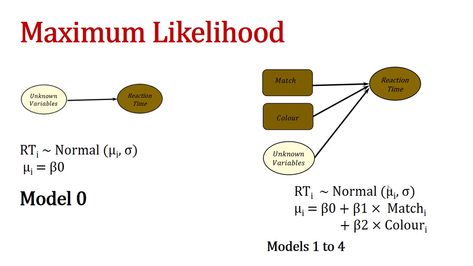We are going to use one normal distribution per reaction time score, and in those different distributions there is going to be a different mean, which is the prediction that we get from this equation, but the sigma is only one sigma for all the predictions.